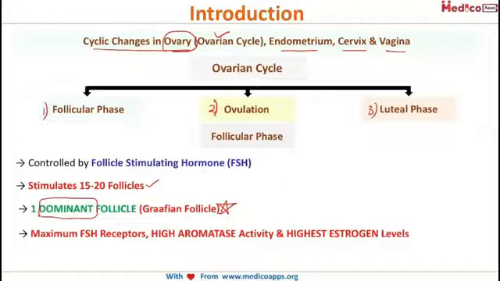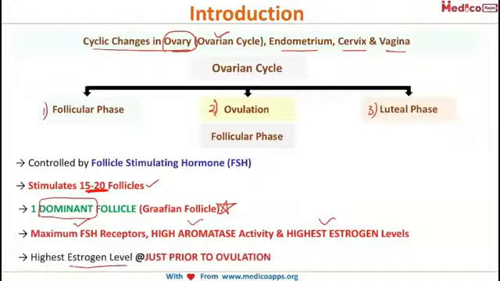So the follicle out of these 15 to 20 which has the maximum FSH receptors, highest aromatase activity and highest estrogen level is going to be the dominant follicle. Okay. Now, another important exam bit for you over here. The highest estrogen level in the female is seen just prior to ovulation. Highest estrogen level in the body occurs just prior to ovulation.